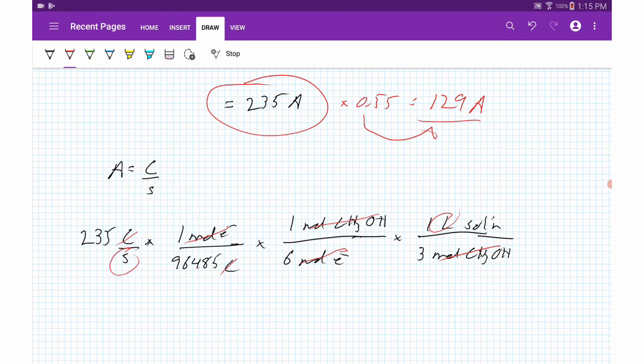Liters per second. And we were asked in the problem to convert to liters per minute. So to do that final conversion, it is 60 seconds per minute.